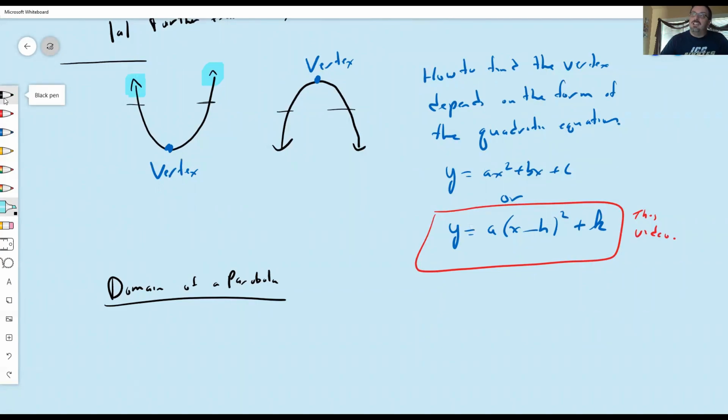The one on the left points up and left, so it's going up forever as it goes to the left forever. Again, for these two here, down forever and left forever, right forever and down forever. So both of them go to the left forever and to the right forever, which means I'm covering all x values, all the horizontal area. So the domain of a parabola for us is minus infinity to positive infinity.